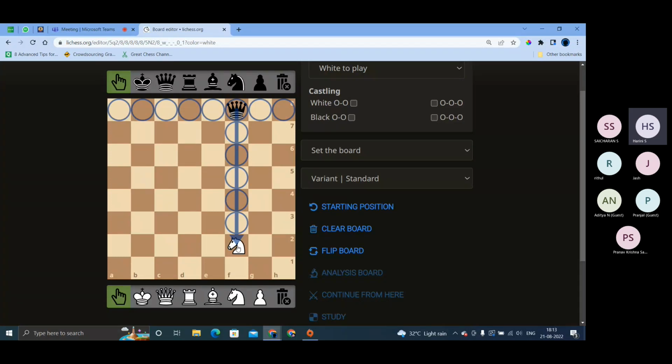So if it is an empty square in its way, it will control. If there is an opponent's piece in its way, it attacks. If there is its own piece in its way, then it supports that piece. Like how you support your team member, right? That piece will support the other piece which is of its own team. So that is how you have to understand.